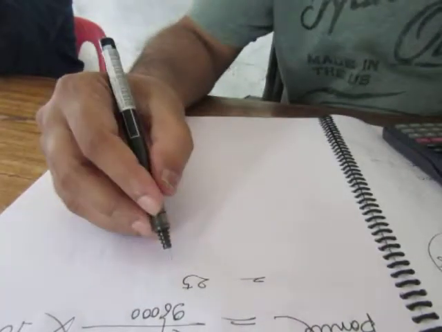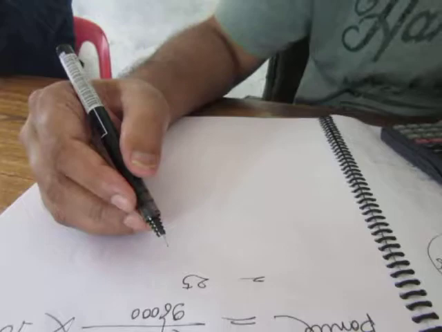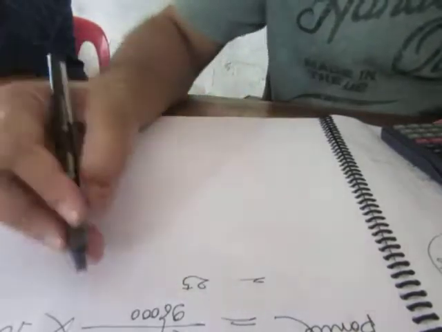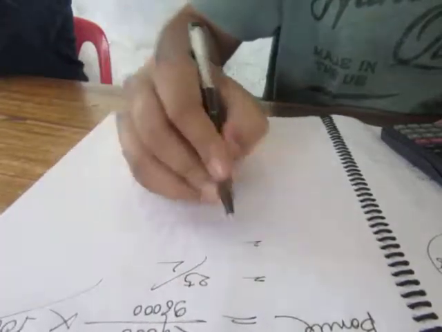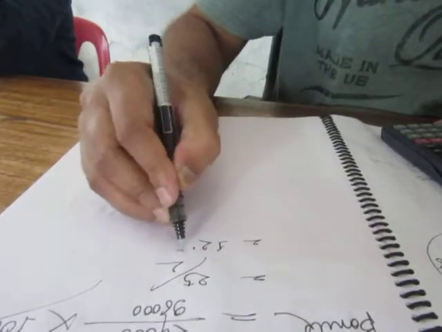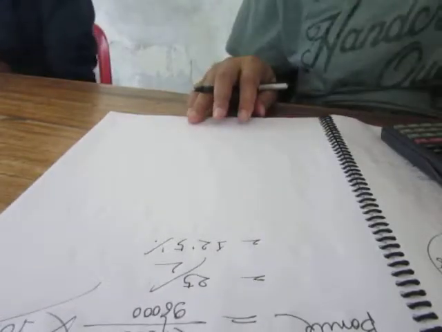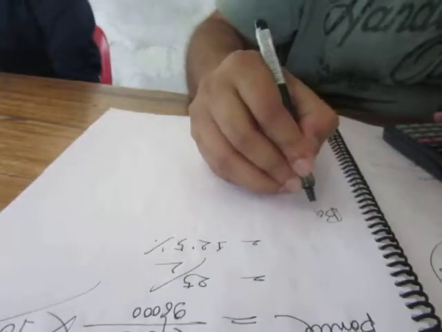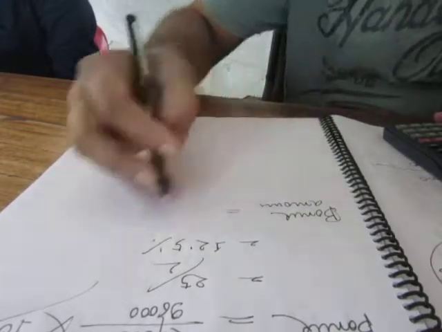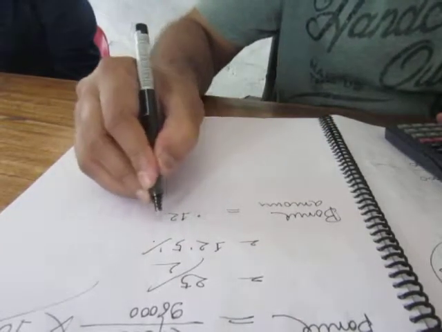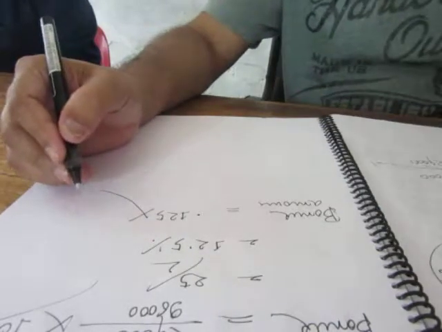25, so 50%, half of this percentage, so bonus will be half, that means 12.5% will be provided as a kind of bonus for each hour. And you can find out the bonus amount, that is 0.125 into basic.